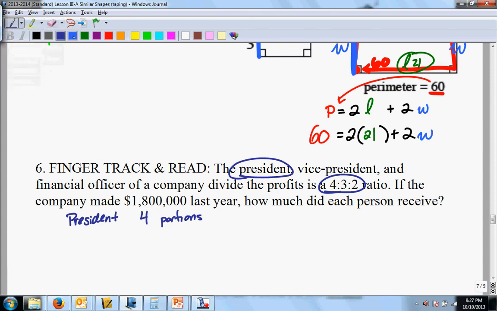And the vice president got 3 portions of something. Again, we don't know what those portions are. And then last, the financial officer, so chief financial officer, gets 2 portions of something.